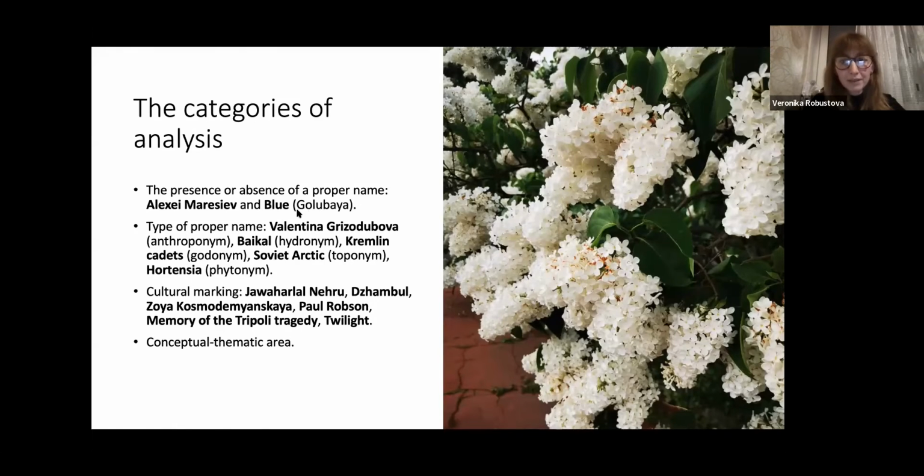That might be an anthroponym, for example, Valentina Gruzadubova, or a hydronym, Baikal, a godonym, Kremlin carrots, a toponym, Soviet Arctic, or even the name of a flower, and you can see it here. Here we have even two names in one, because hortensia is the name of the flower, and it is also the name of the sort of lilac, because the flowers of lilac remind us of the flowers of the hortensia.